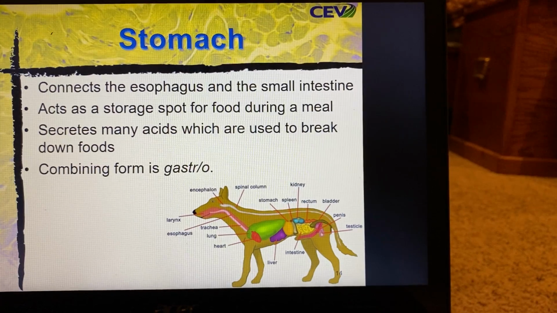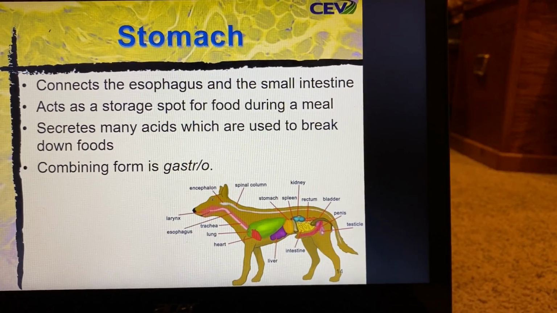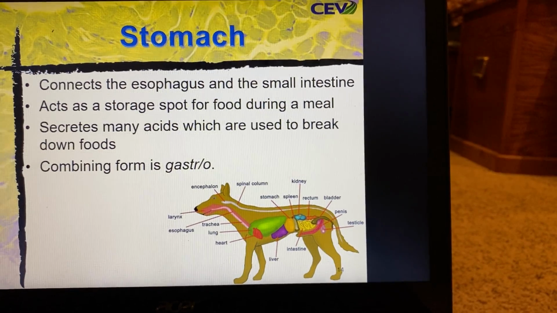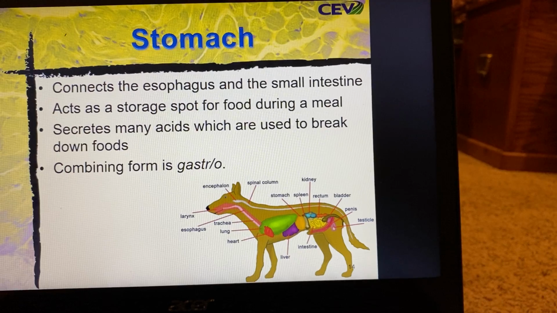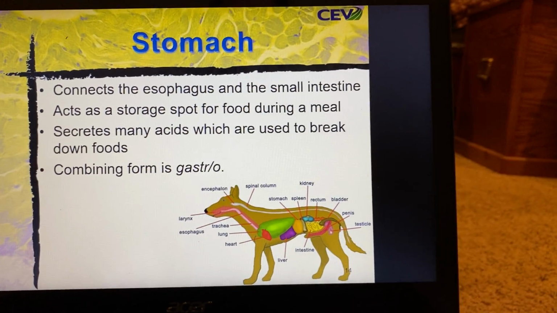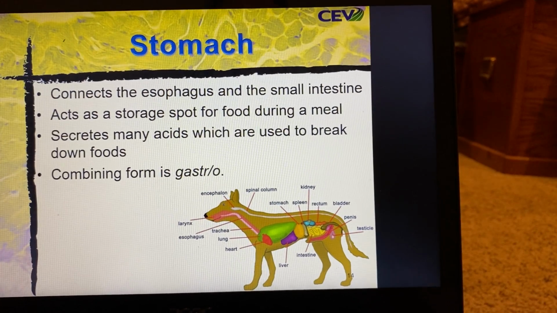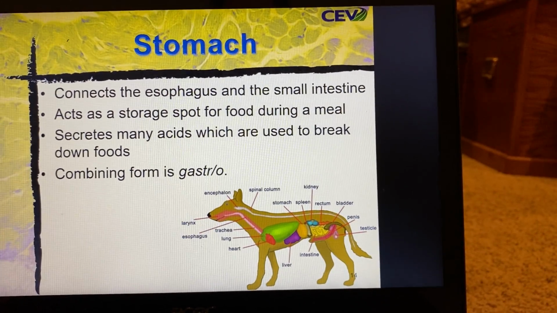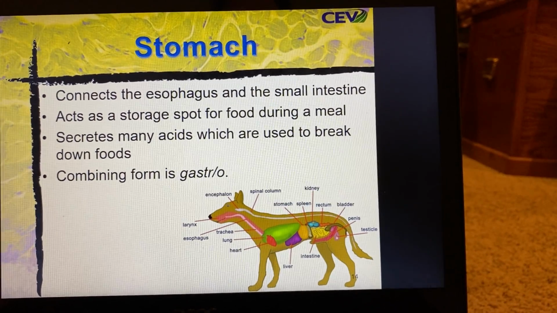Just to give you a little bit of an idea of that acid in your stomach, if you've ever had what I call a wet burp, those nasty burps where stuff comes up into your throat or even your mouth a little bit, that's called reflux, and that is actually stomach contents. So the material in your stomach came all the way up your esophagus and into your mouth.